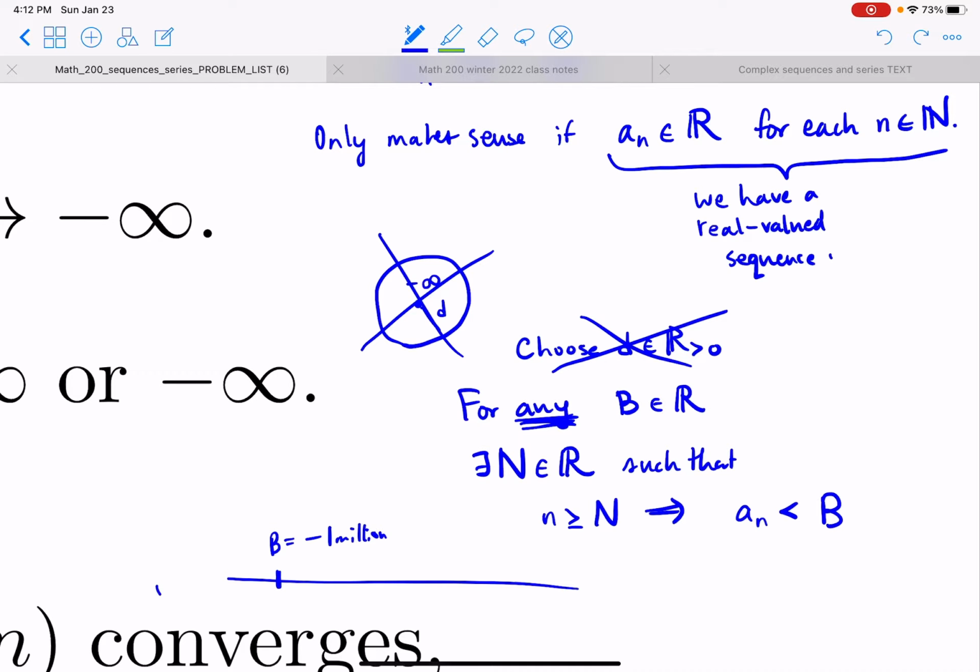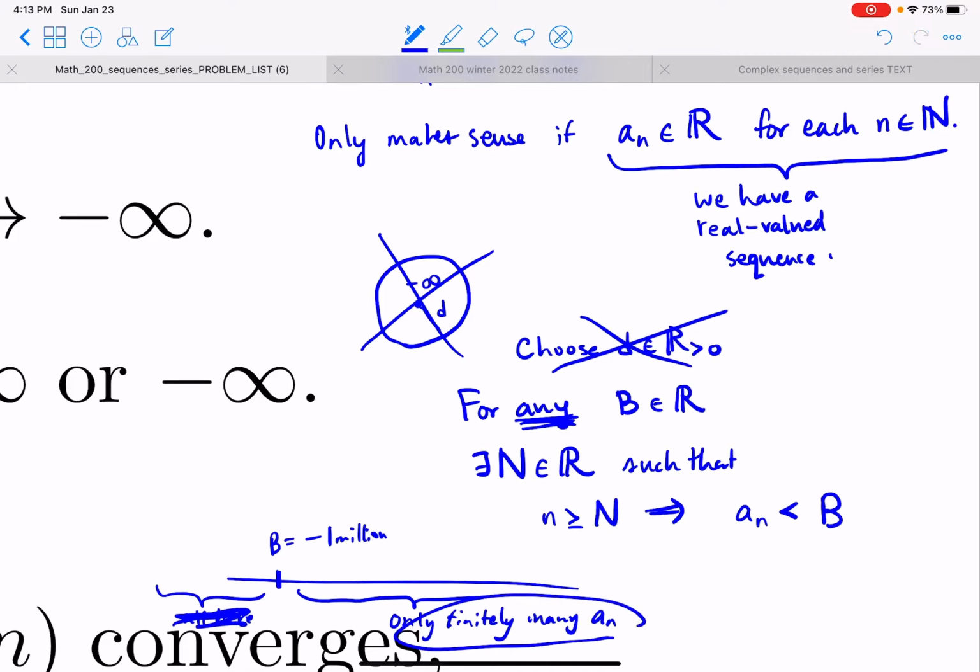They're all here. And then over here, there's only finitely many. So they're not all here, but infinitely many are here. And then only finitely many are here. And so since negative infinity is sort of like over there, this is our definition.